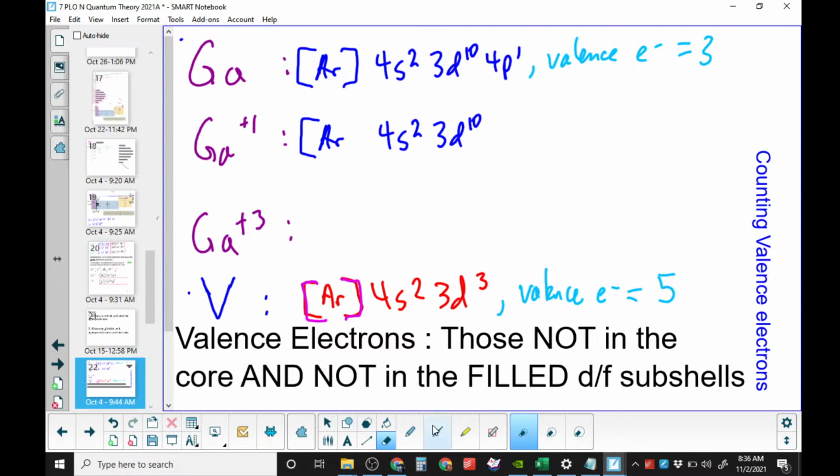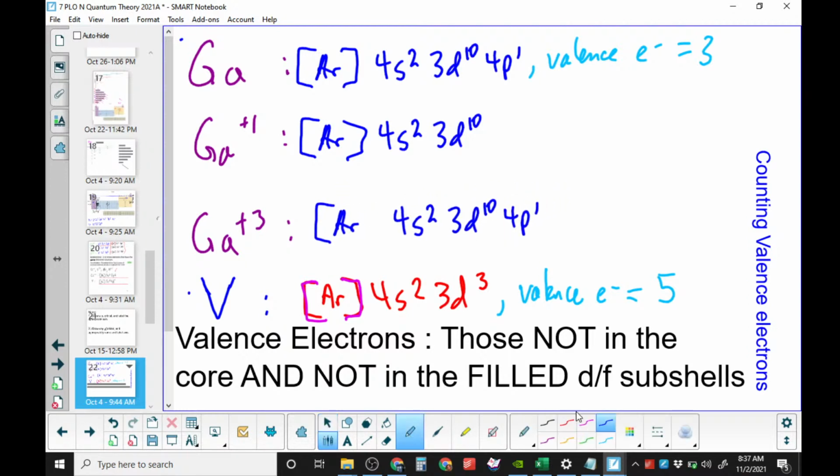Gallium, oops, looks like I lost the other bracket. If I was now to become gallium plus 3, and I've gotten rid of 1. And this is a bit of a trick question, although not really, but thinking about what happened once it was full. Lillian.